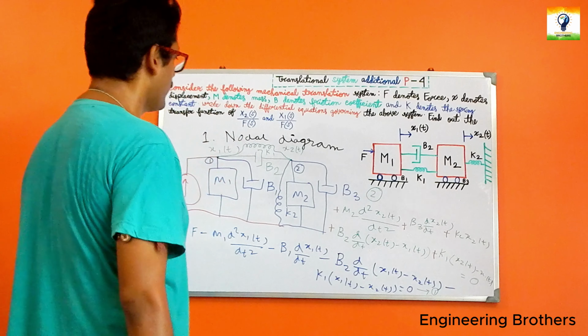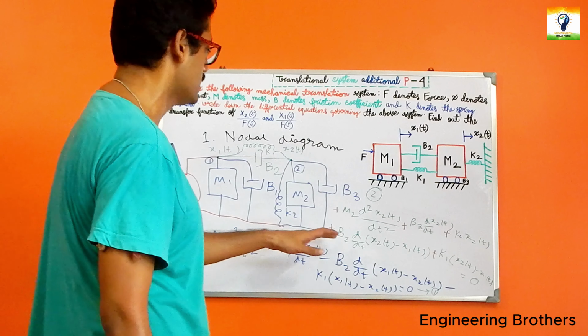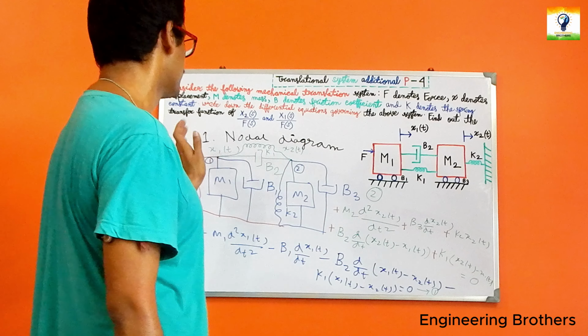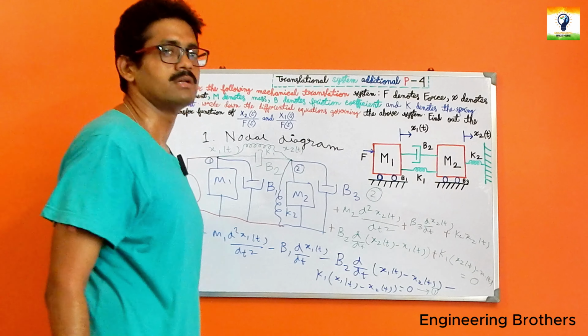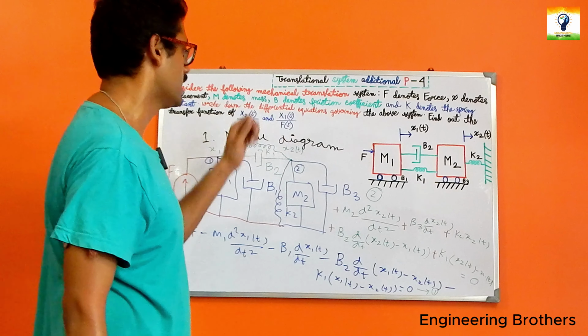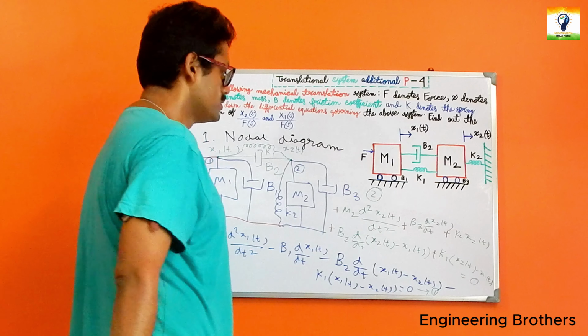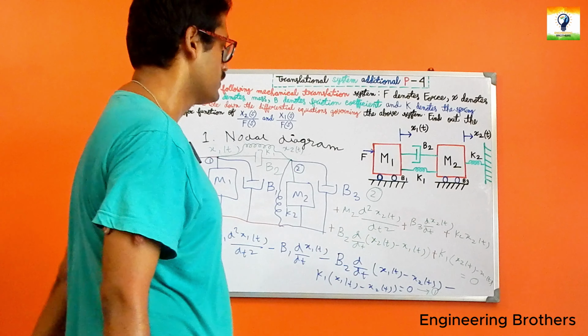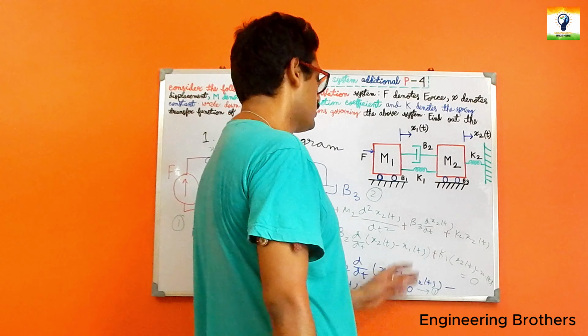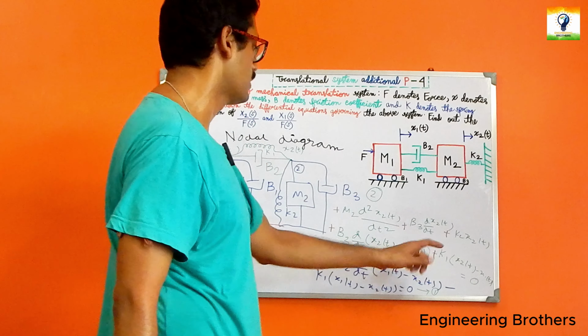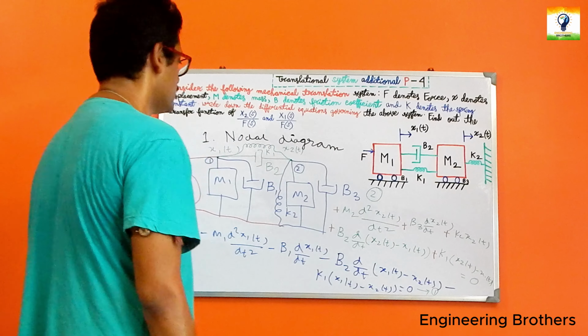For the common factor we have minus b2 d/dt of x2(t) minus x1(t). Why x2(t) minus x1(t)? Because here we are taking 2 as our reference by applying the D'Alembert principle on node 2. For the last part we have minus k1 x2(t) minus x1(t).